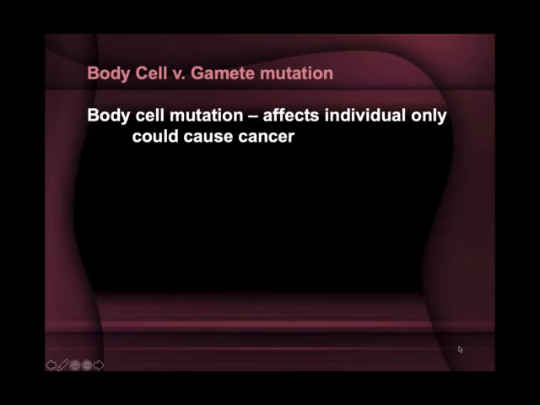So body cell mutations could cause cancer, or they could not cause cancer. A lot of the DNA is actually nonsense: the parts that code for something are there, and the parts that don't code for something can have a mutation and it's not going to affect the body cell DNA at all.